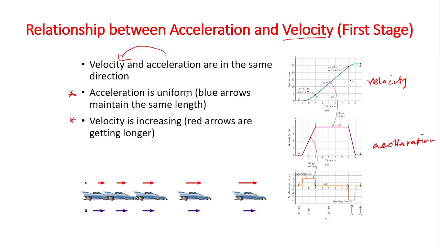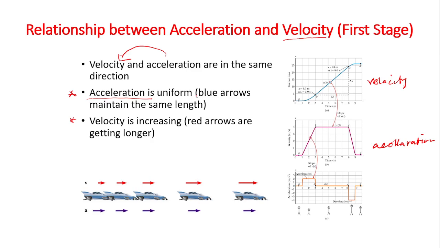So look, when the acceleration is uniform, the velocity is what? It is maintaining the same length. If you look at this point here, this is velocity from here to there.